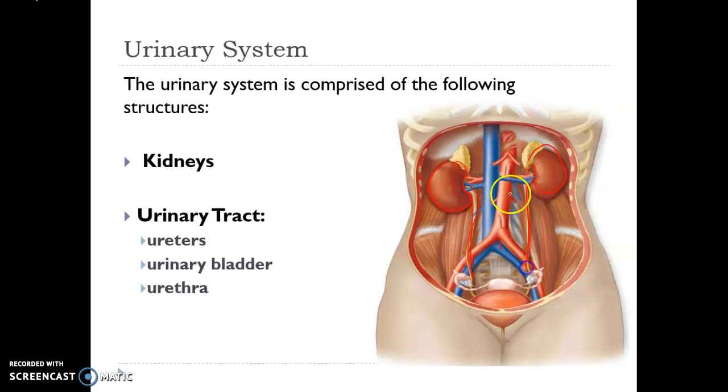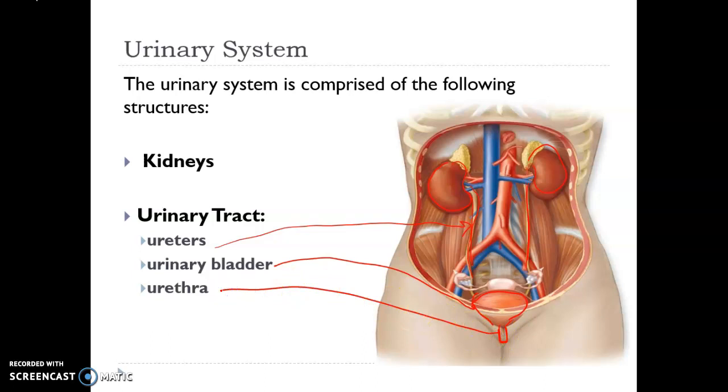This is called the ureter. Then you have the bladder, where the urine is temporarily stored for some time. And then this tube through which we excrete urine out of the body, this is the urethra. Together, the ureter, the urinary bladder, and the urethra make up the urinary tract.